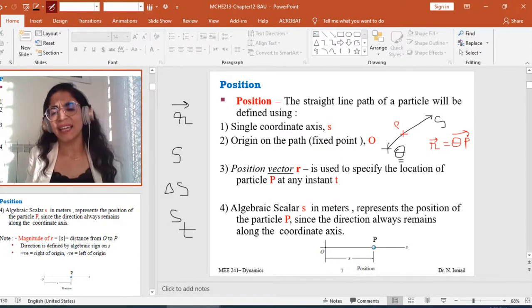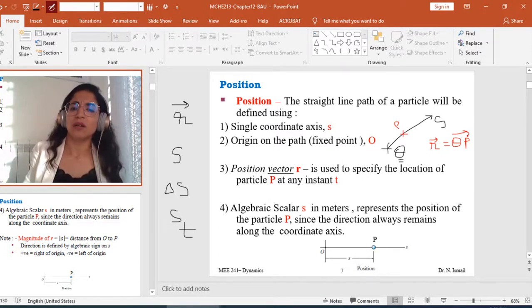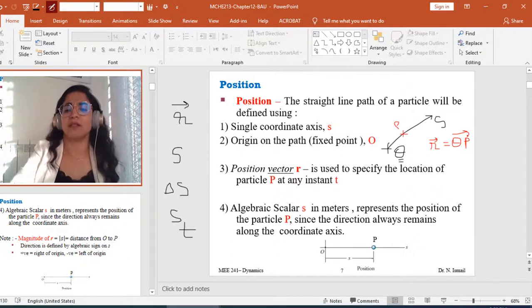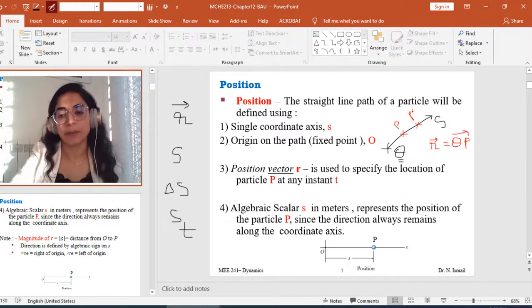Now let's say at t prime, this particle arrives at a point here called P prime. What will be R prime, which is the new vector position?